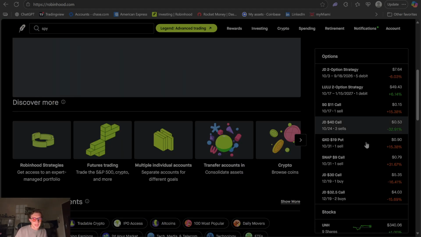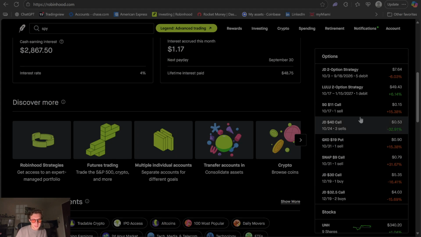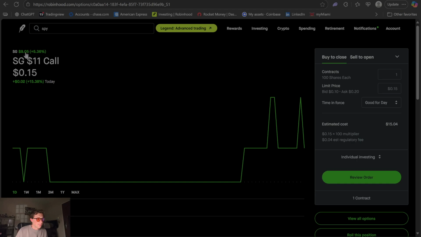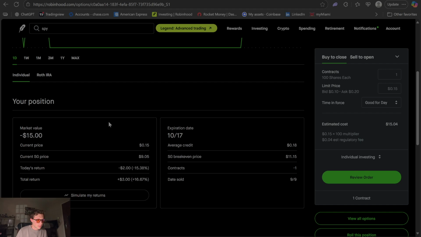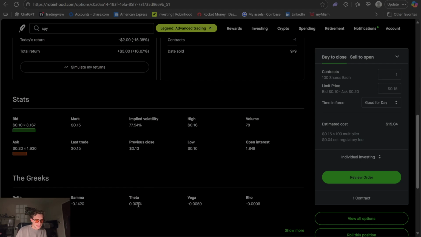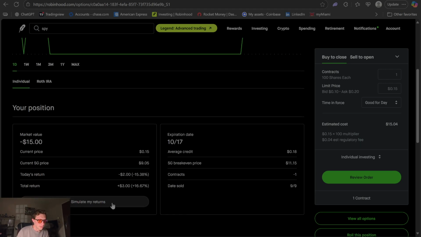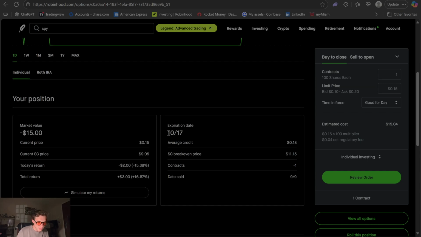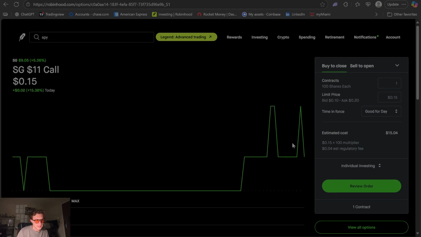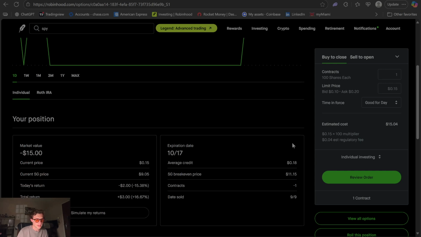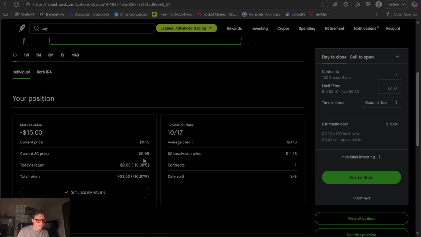And as you can see on, for instance, Sweetgreen, it's at $9 currently, and I want to sell it at $11. So all I'm doing, and you'll see again, it's a slight profit just because time decay and stuff like that will affect the option. But you can see that the delta's gone down. And I will most likely not be selling these shares at 11, but I still collected the premium of 18 cents, which is a really good premium considering the share price is at $9.